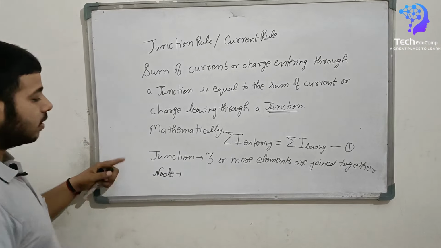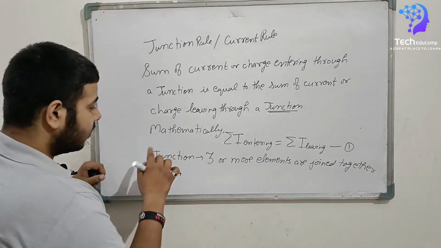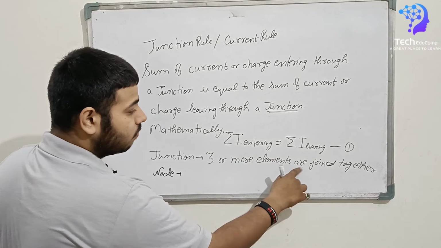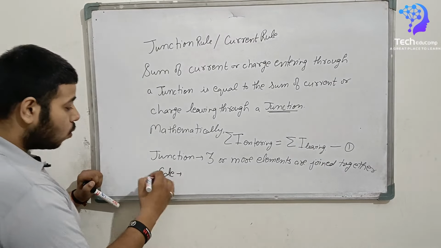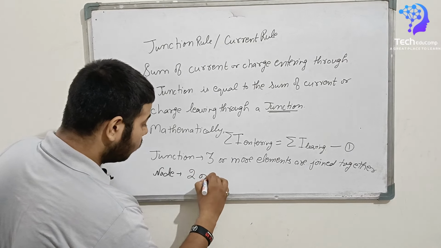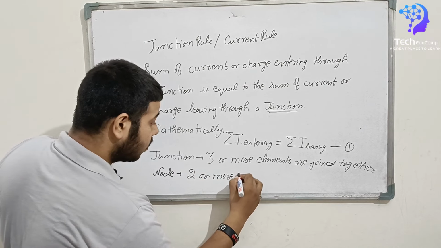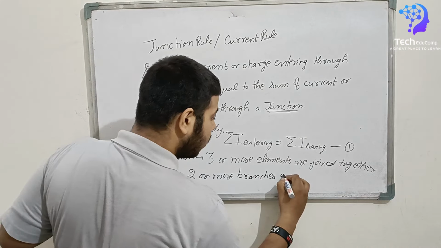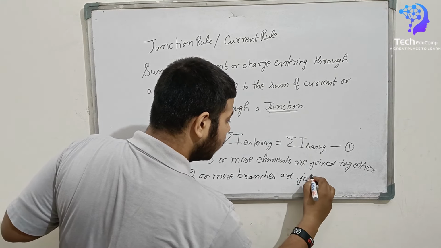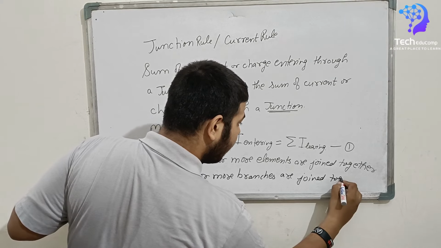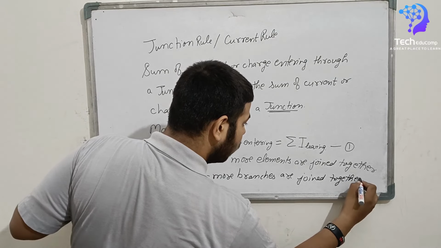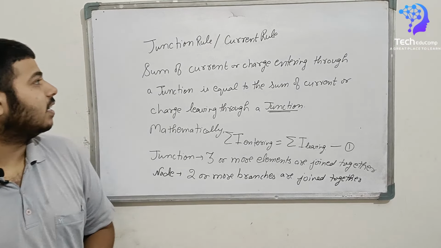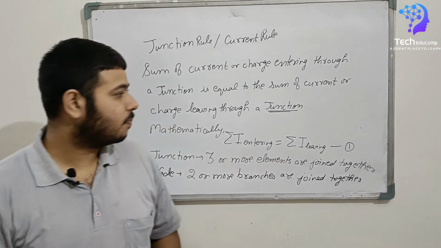Now what is the difference between these two? Like I said, a junction is 3 or more elements which are joined together, while a node is 2 or more branches joined together. So this is the simple definition of the current rule.